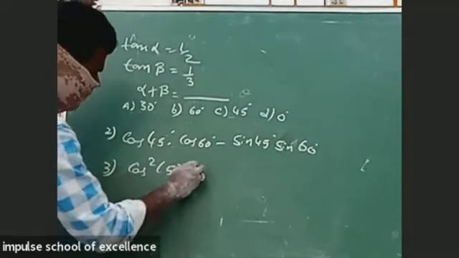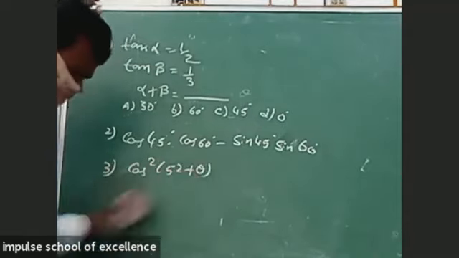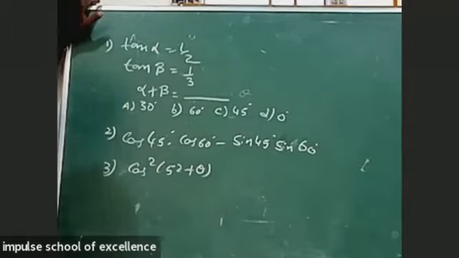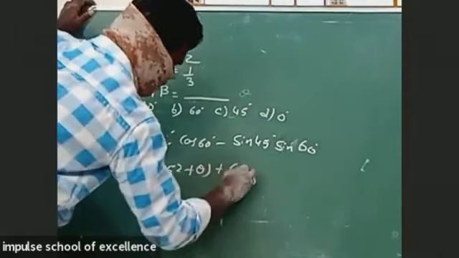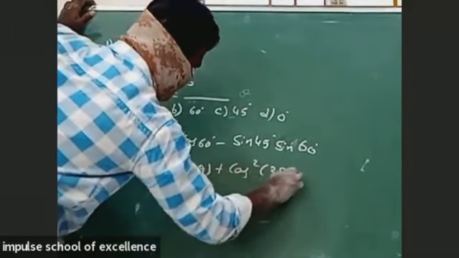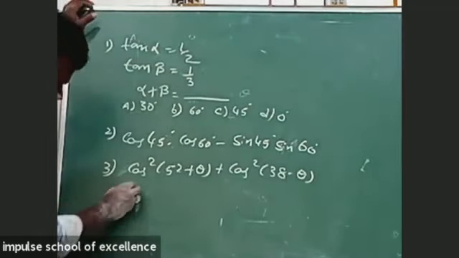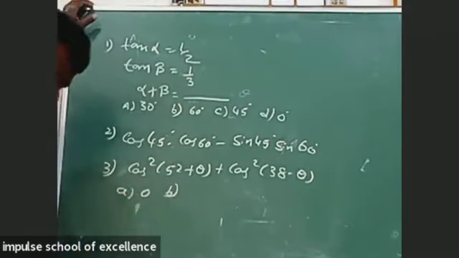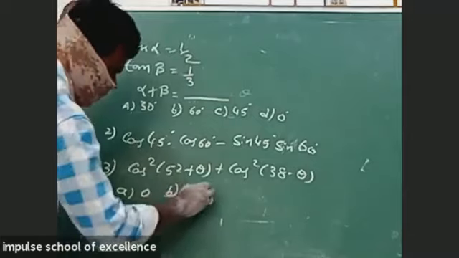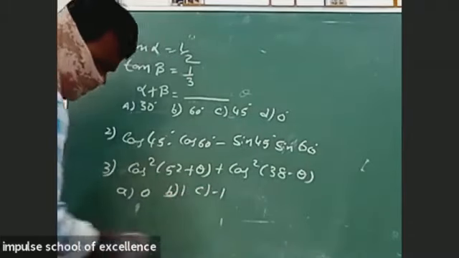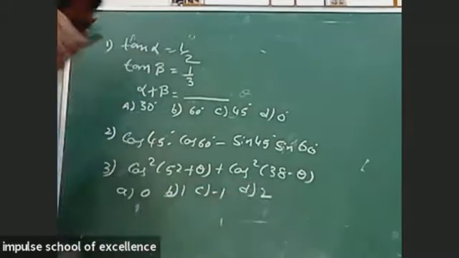Next one. Cos square 52 plus theta plus cos square 38 minus theta is equal to dash. Option A 0, option B 1, option C -1, option D 2.